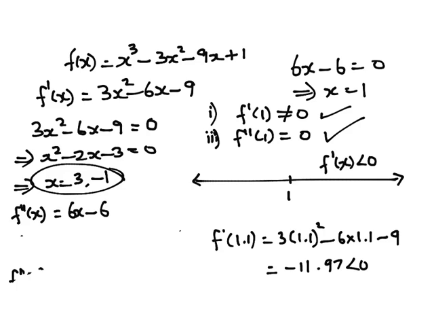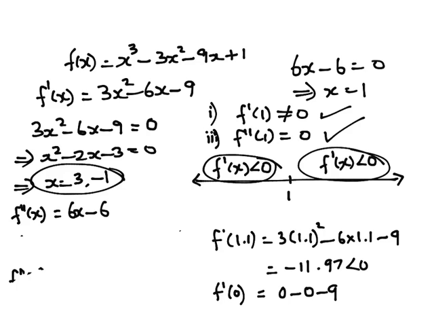So let me take a value less than 1. For convenience's sake, let me take 0. So f dash of 0 is 0 minus 9. So again, f dash of x is negative. So the second condition is also satisfied, right? Before and after 1, the first derivative has the same sign.